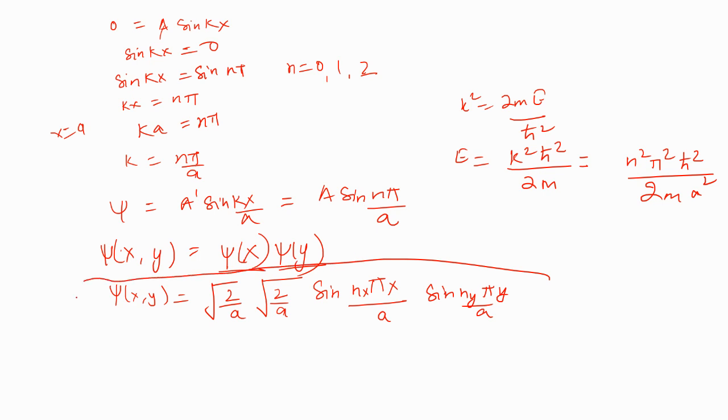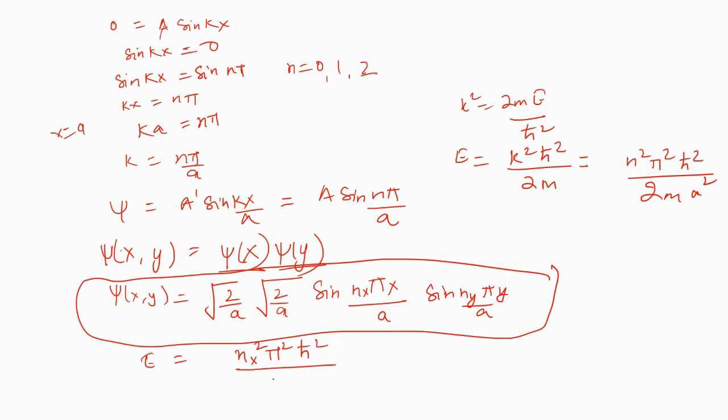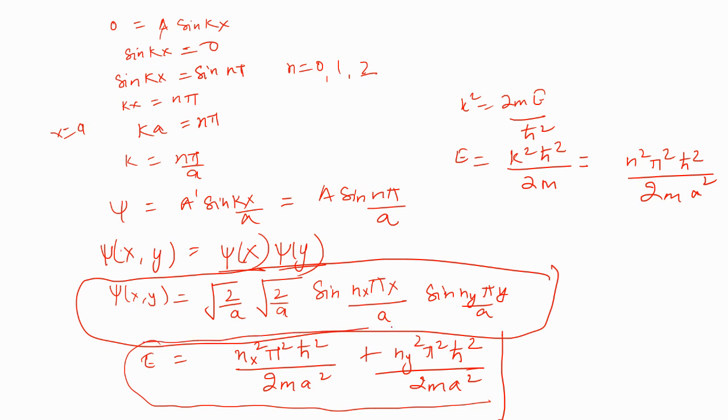This will be the wave function for the 2D system, and energy will be nx square, because we are taking both the dimensions, and ny square, pi square h cross square upon 2m a square. Okay, so this will be the energy for a particle in a 2D square potential. Now I can also write it as nx square plus ny square, pi square h cross square upon 2m a square.